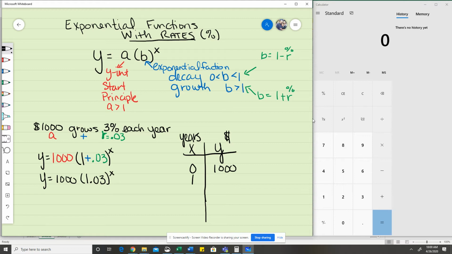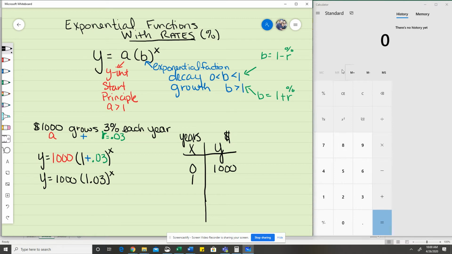Now, with rates, these are not always easy numbers to multiply. And I realize if you don't have a graphing calculator or a scientific calculator at your disposal, don't worry. If you have your phone or you're at a computer, you have a scientific calculator.